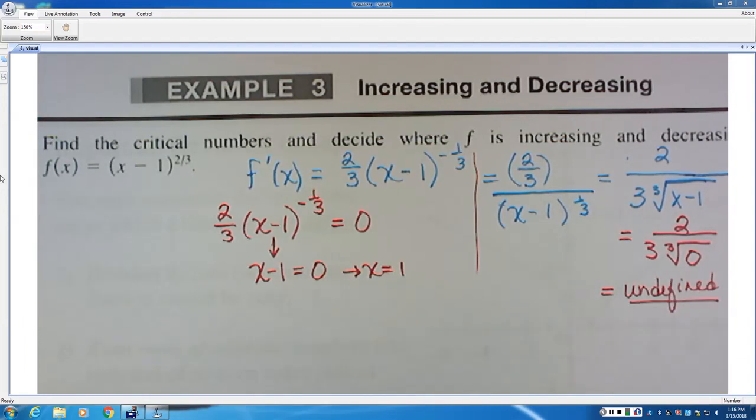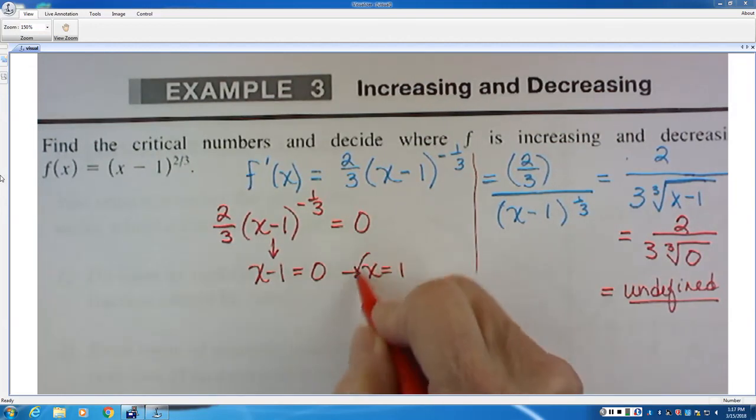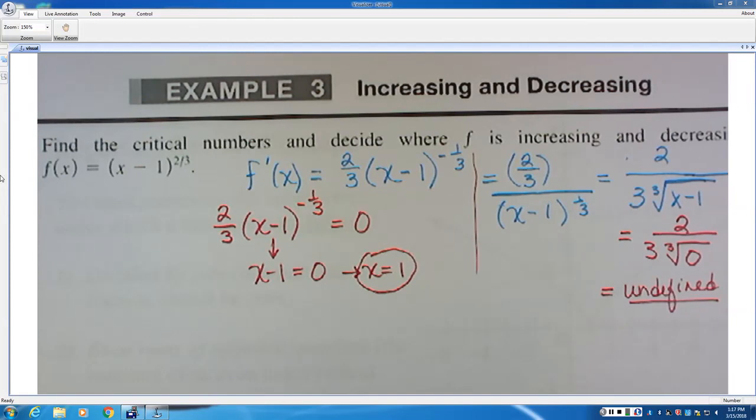And that's undefined. Okay? That is not defined. Now that doesn't change the fact that x equals 1 is a critical number. Okay? X equals 1 is in fact a critical number.